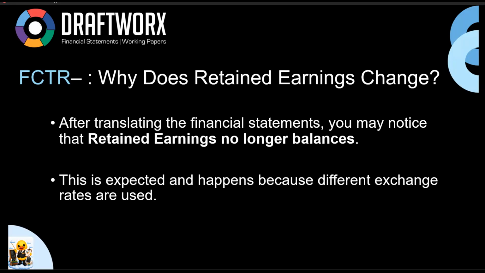Because remember, if we look at normal retained earnings without FCT, it's relatively simple, right? You've got your opening balance for year one, you've got your profits, you've got your distributions or whatever, dividends, and then you've got a closing balance. All right, so that's a very simple retained earnings. And then the opening balance for the next year matches the closing balance for the last year.